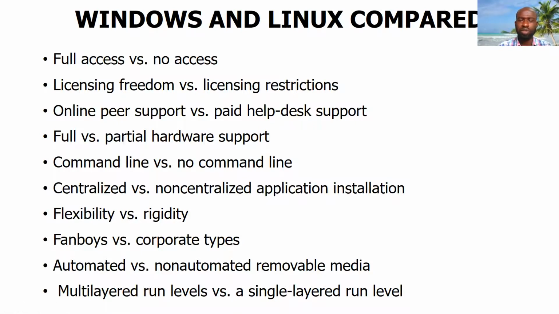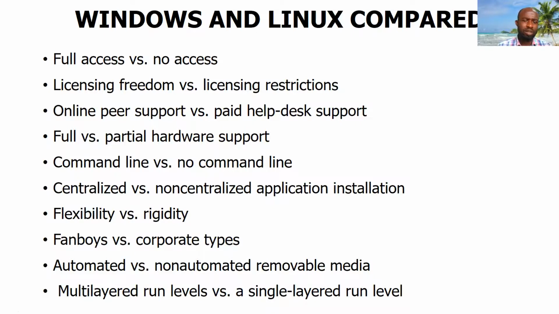Now let's compare Windows and Linux. We can say that with Windows, you have full access as compared to Linux with little access or no access. With Windows too, licensing is also free. With respect to Linux licensing, there is a little bit of restrictions on licensing.